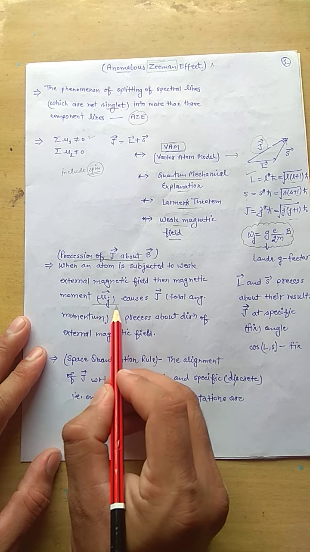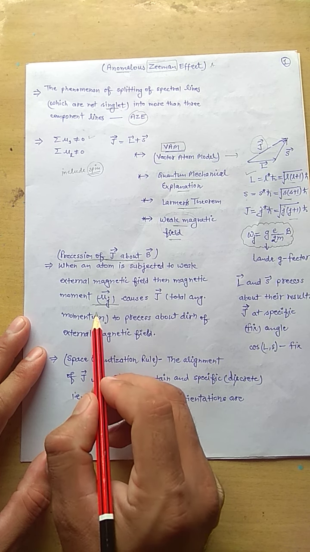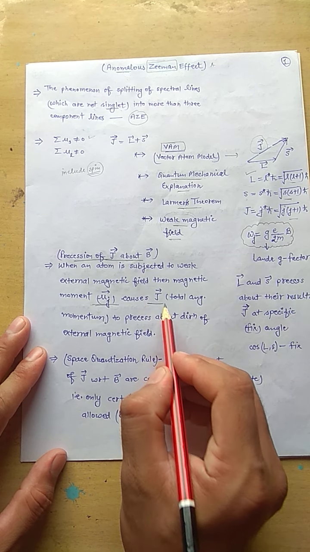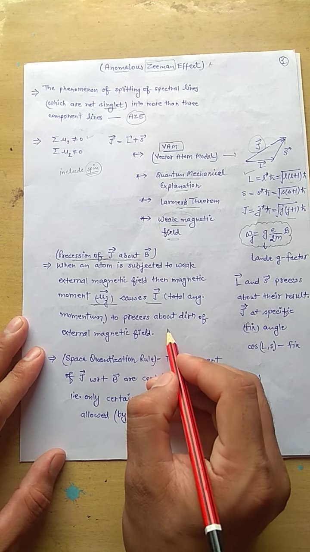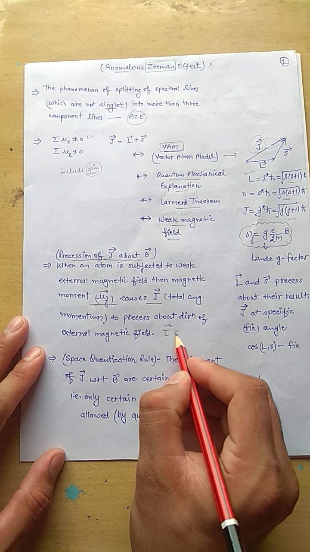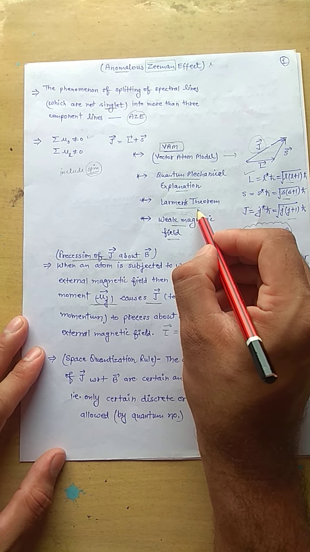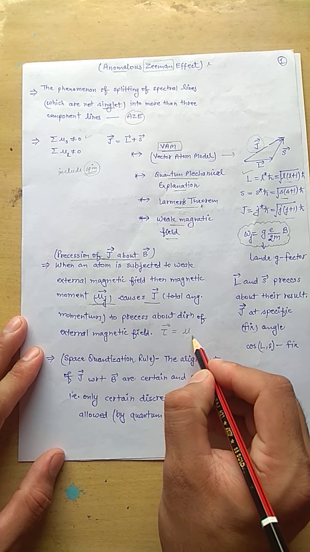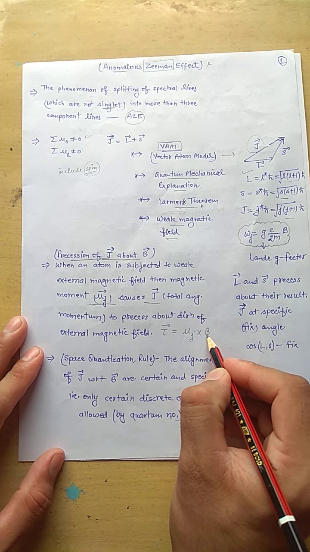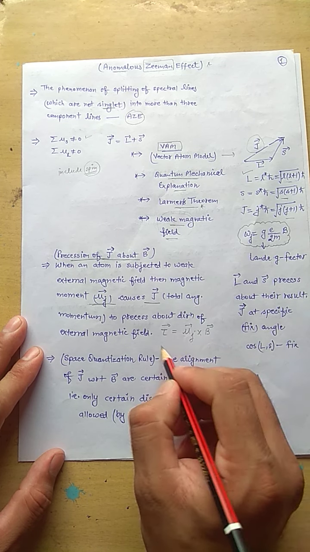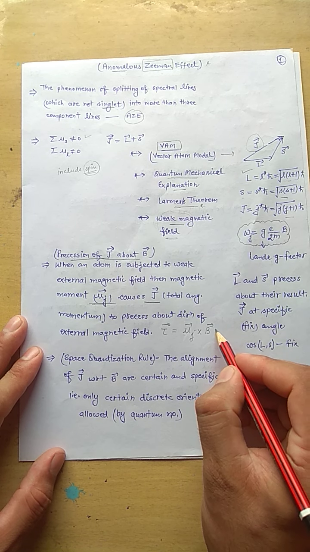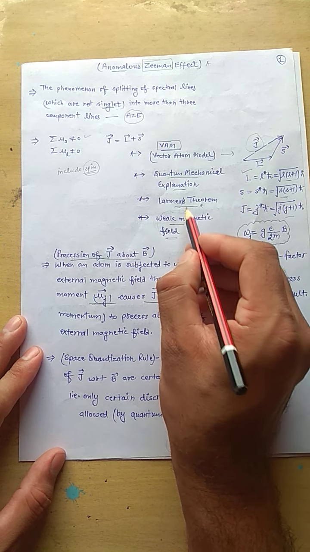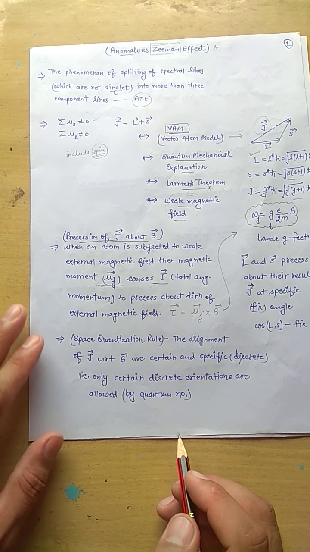The magnetic moment mu J will experience a torque that causes vector J to precess around the external magnetic field, and that torque, as we have seen in the Larmor theorem video lecture, is equal to mu J cross B. So using this you can find out, and from here we get omega. I have explained Larmor's theorem in that video lecture, so you can study from there.